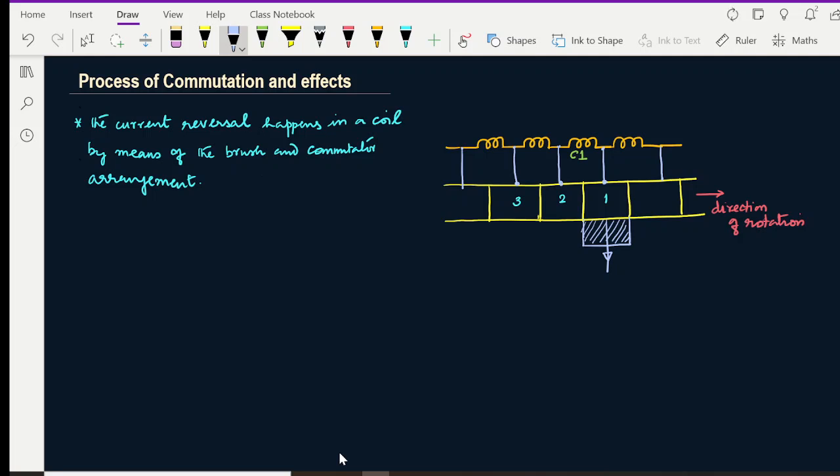So to make this current unidirectional at the exit point of the brush, we are using the process of commutation.